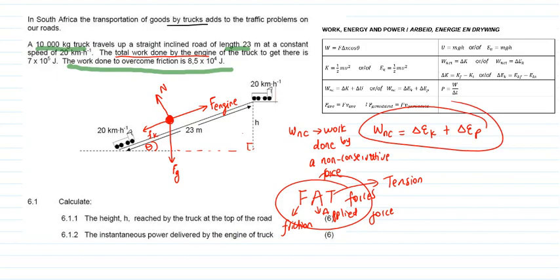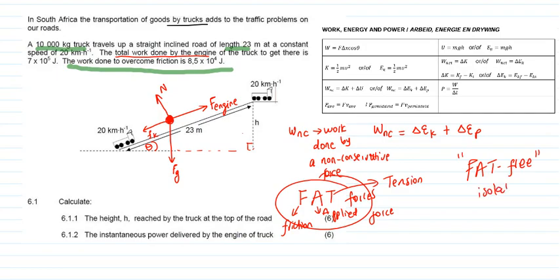If they tell you to use the principle of conservation of mechanical energy, meaning you do not have friction, applied force, and tension, that system will be fat free. And once a system is fat free, we say it's an isolated system. If you are dealing with an isolated system, do not worry.